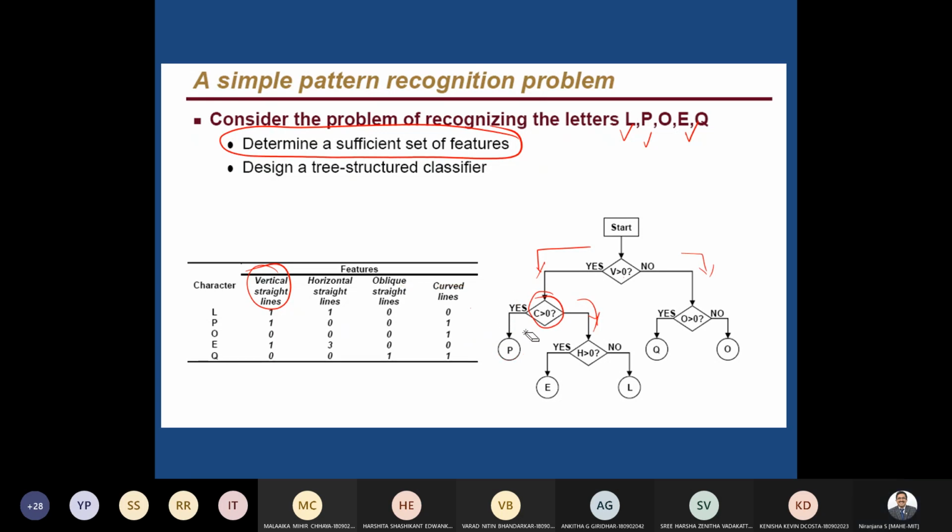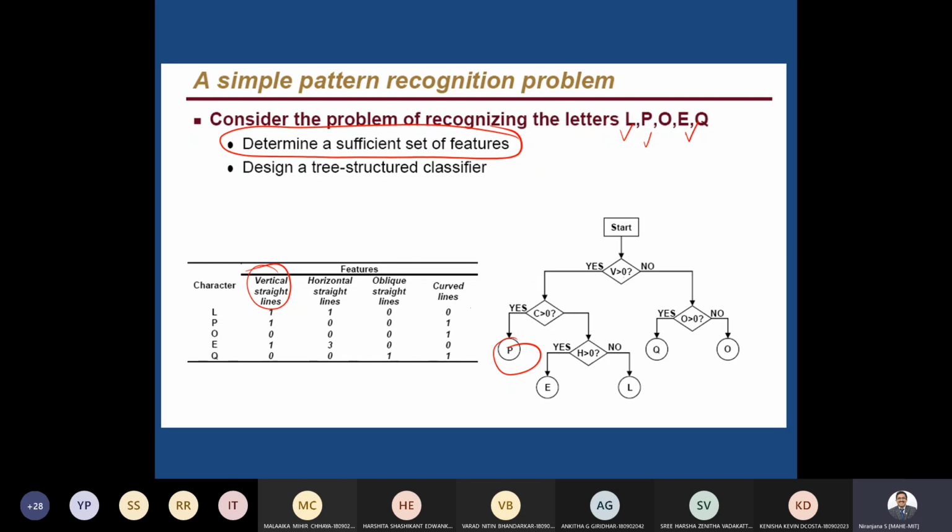The curve greater than 0 makes a grouping for one category, whereas L and E will come here to the right side. P will come towards this side. The rule will separate the objects, or category of objects, which are similar. Based on those sets of features, you go on branching and finally land with the actual pattern here.